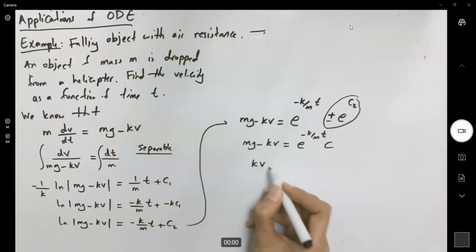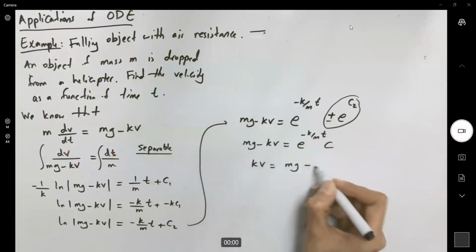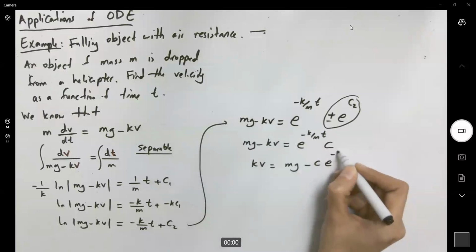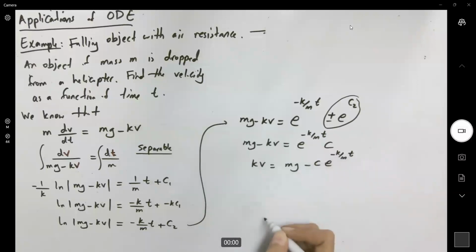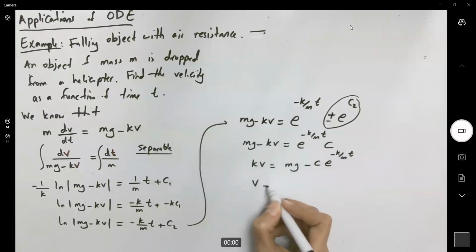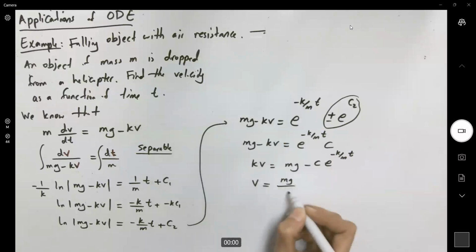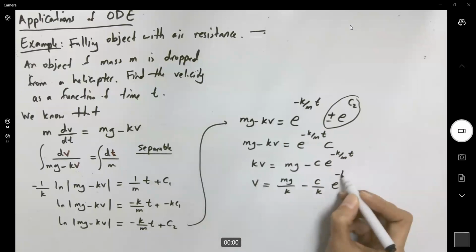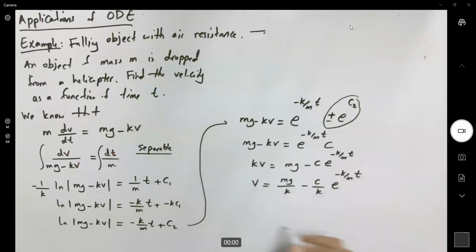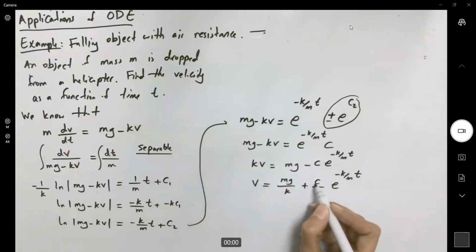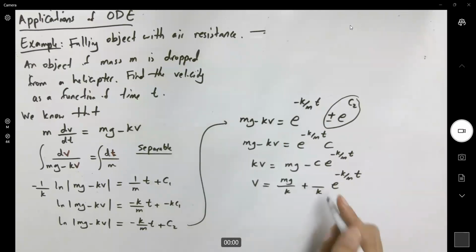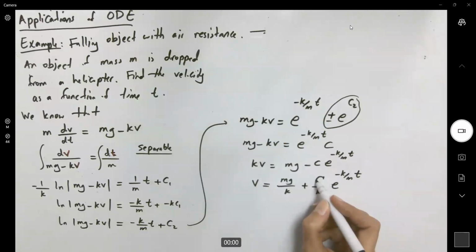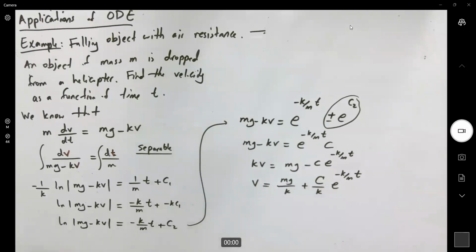So kv becomes mg minus c e to the negative k over m t, and v becomes mg over k minus c over k e to the negative k over m times t. Here you can write it as plus and negative c and call it, for example, a capital C this way.